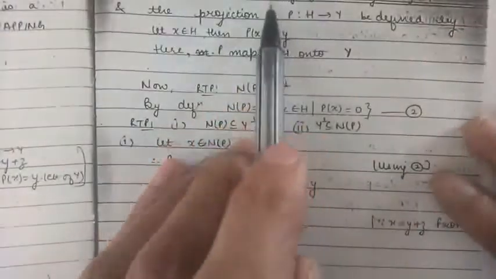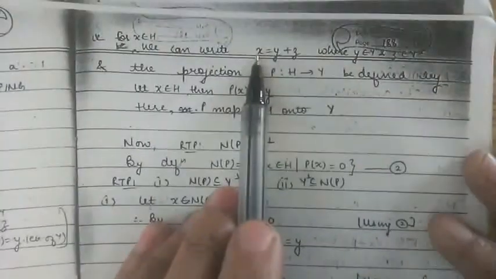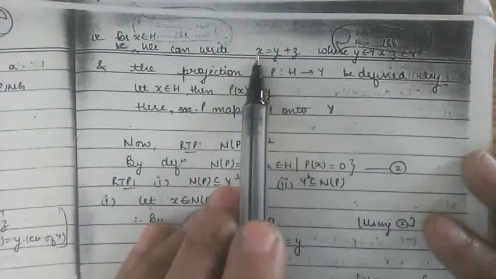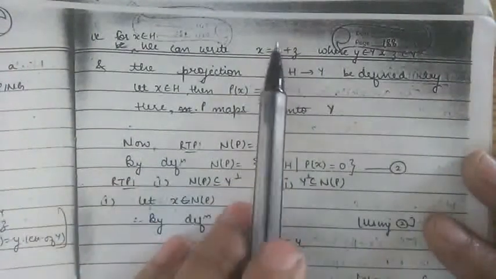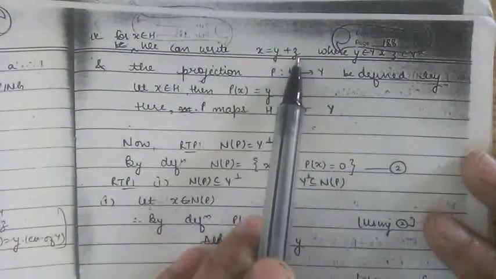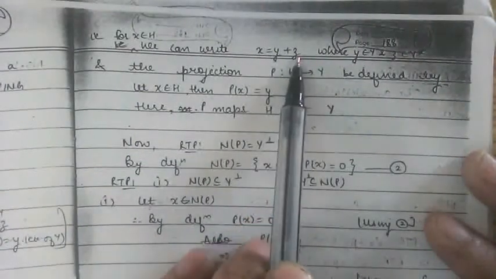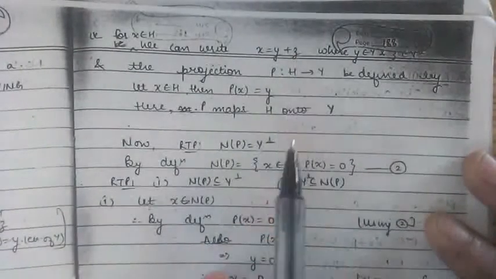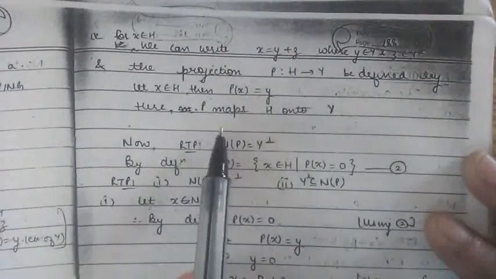By definition of direct sum, for every X belonging to H, we have a unique representation in the form of a sum, in which one element is taken from Y and the other element is taken from the orthogonal complement of Y. Now we define the projection operator.